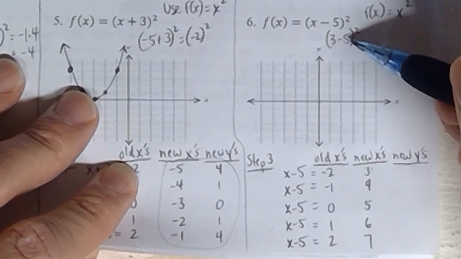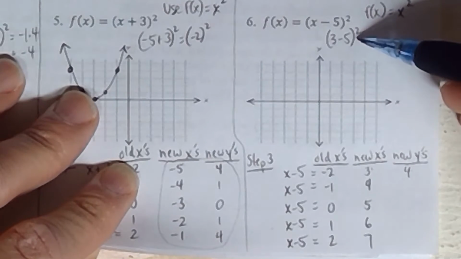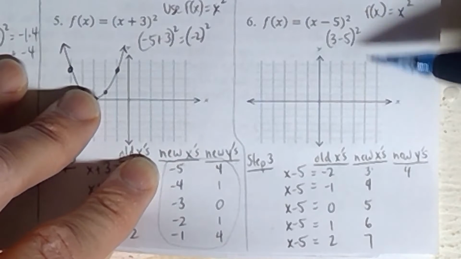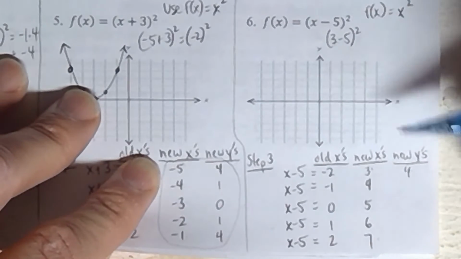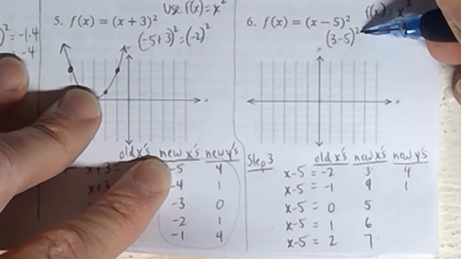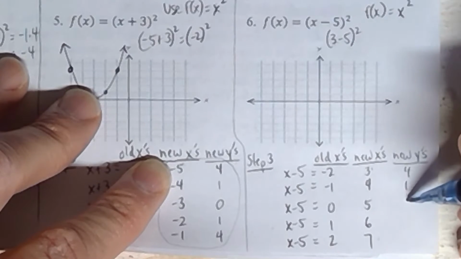-2 inside the parentheses, and then you square that, you get 4. I just wanted to give you a visual so you know exactly what I was trying to do. If I plug in 4, I get 4 minus 5 is -1, and when you square that, you get 1. If I plug in 5, I get 0 squared, which is 0.